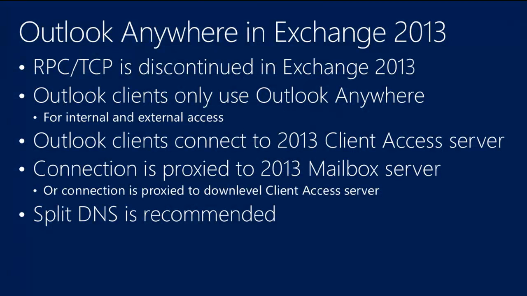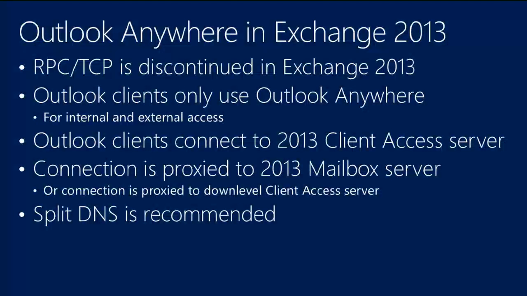So the clients connect now in 2013 directly to the client access server and not to the mailbox server. The client access server proxies that incoming request to the mailbox server. So all your connections go to CAS and then go from there to the back end.